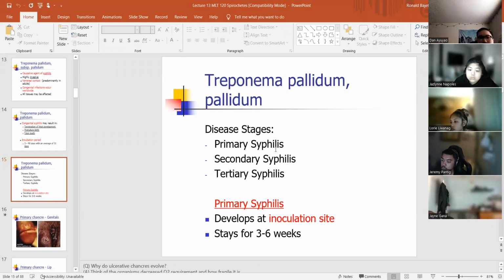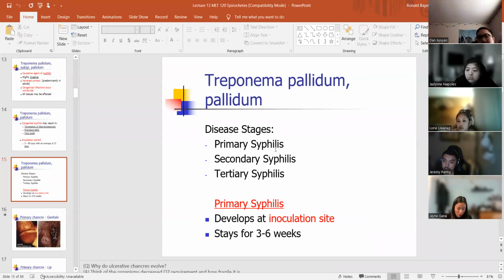And the disease stages: there are 3. Actually, there are 4, but the 4th includes a non-disease stage, the latent stage. So there's primary syphilis and secondary syphilis. After the secondary syphilis, there's a latent stage, where the disease becomes subclinical.